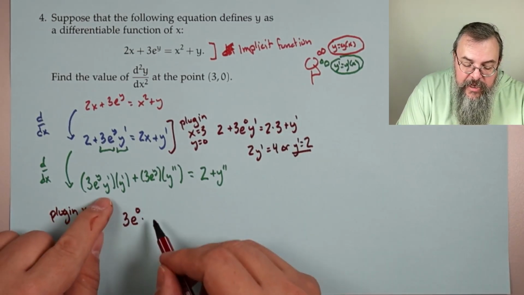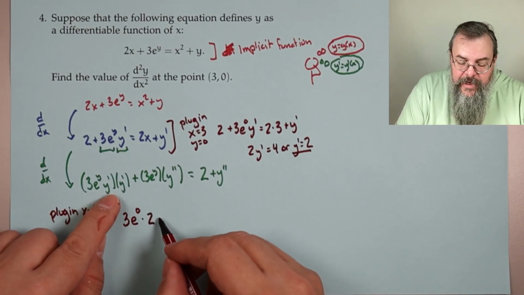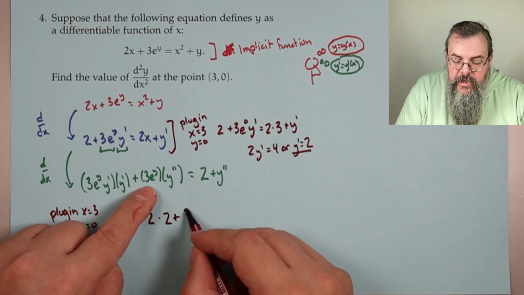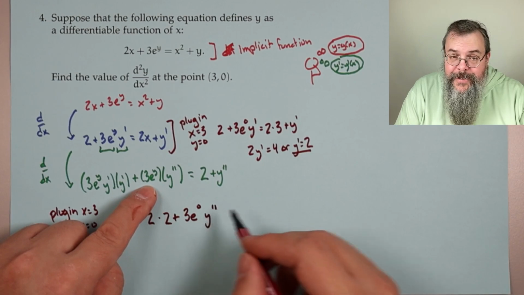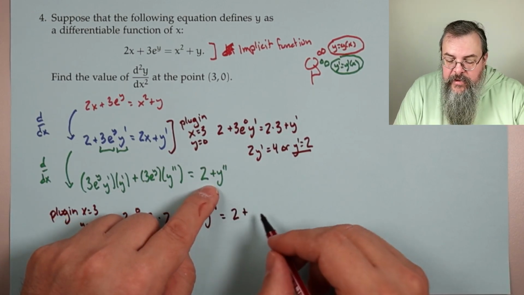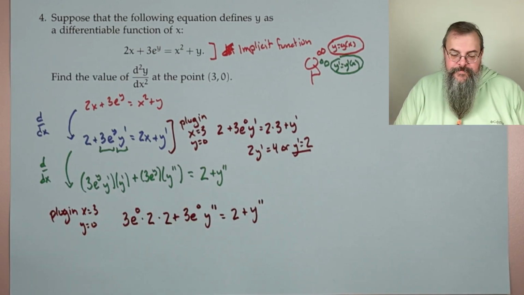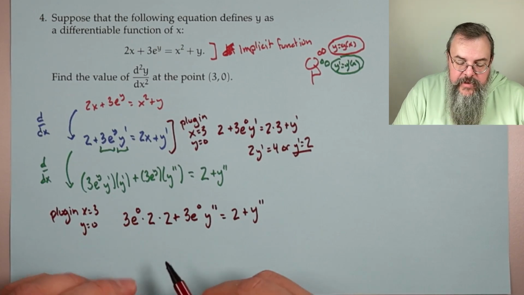So that says, hey, this y prime is 2, so 2 times 2 plus 3e to the 0 times y double prime, which is what we're trying to solve for, is equal to 2 plus y double prime. All right? So we're almost there. Let's clean this up.